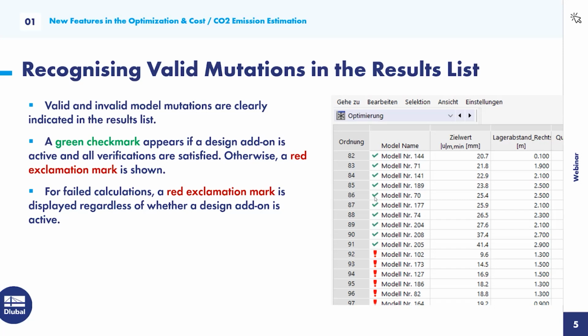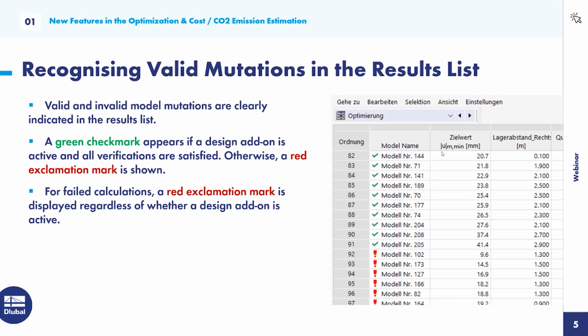If there is a verification that does not succeed, below 100% usage, you will see a red exclamation mark. With this, you can really have an overview of which models fulfill your needs and which do not.